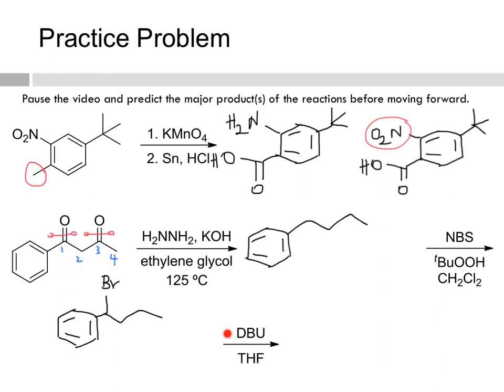DBU is a strong non-nucleophilic base, which means that it's perfect for an elimination reaction. So this is an E2 mechanism. We're going to eliminate this hydrogen and form an alkene. So your final product after these 3 steps is an aromatic ring in conjugation with an alkene and then 2 remaining carbons.